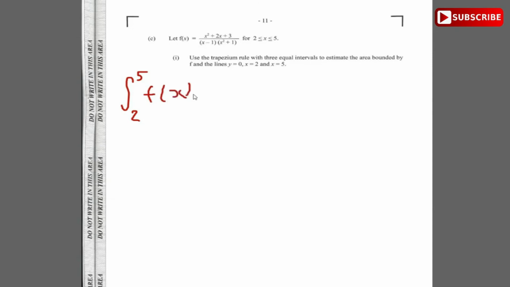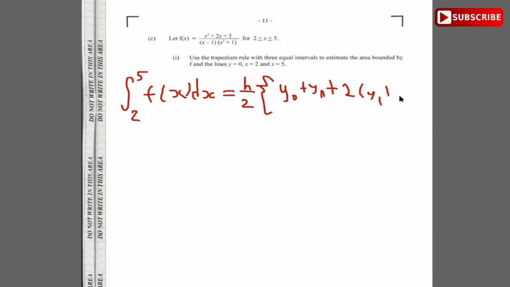Using trapezium rule, the integral from 2 to 5 of f of x is going to be h over 2 into y naught plus yn, plus 2 times the other y values, plus 2 times your y1, and so on.